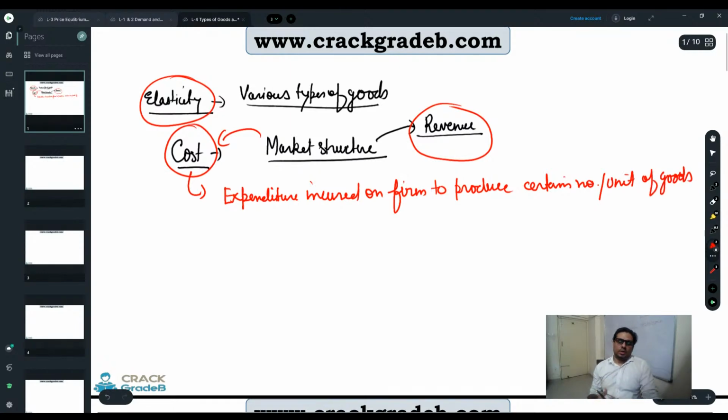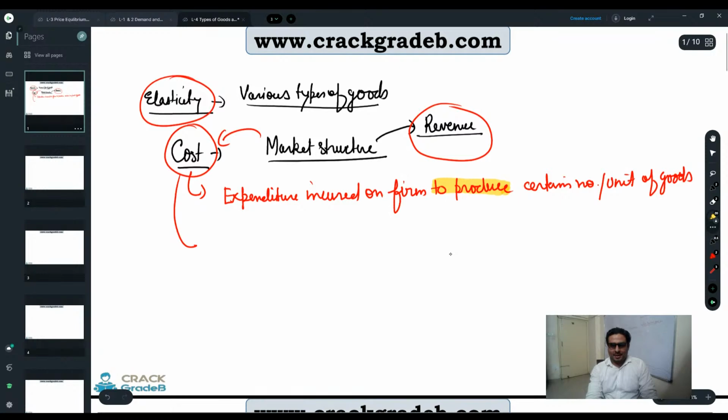Whatever expenditure is incurred by a firm to produce a certain quantity of goods, we call it cost. Before going into cost itself, it is very important, as I wrote in this definition: expenditure incurred by a firm to produce.